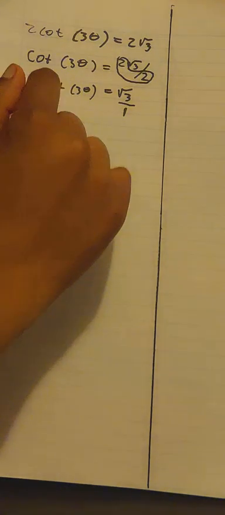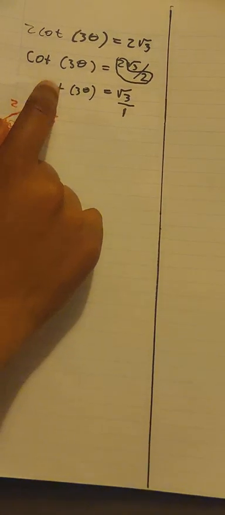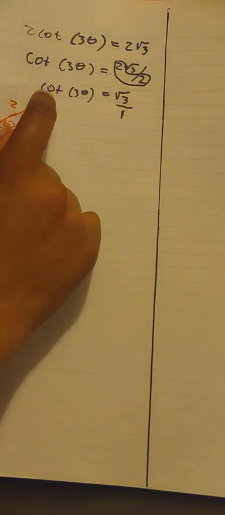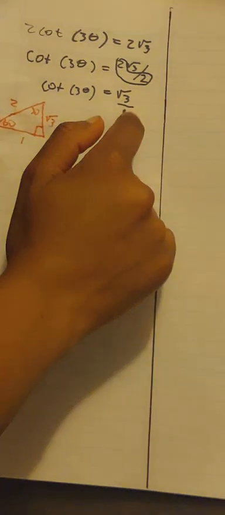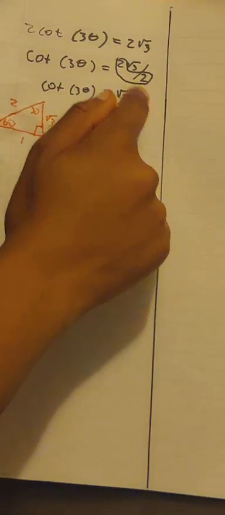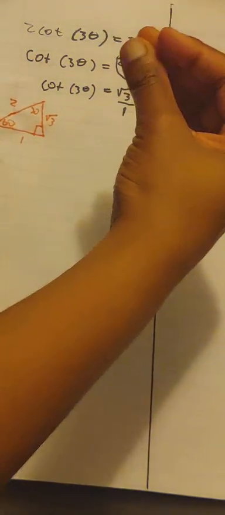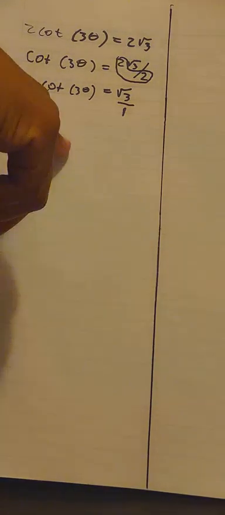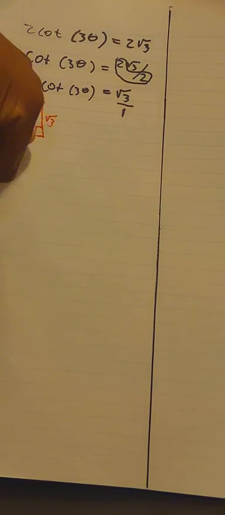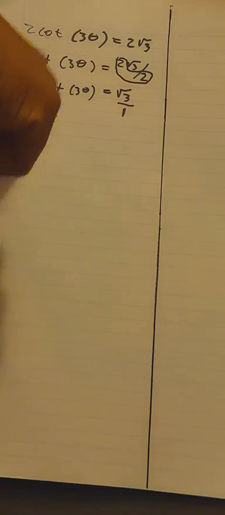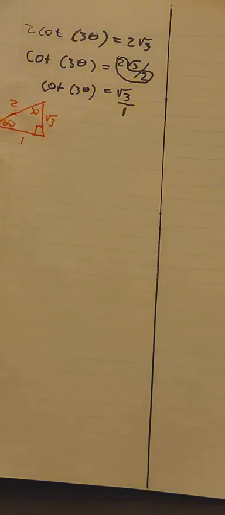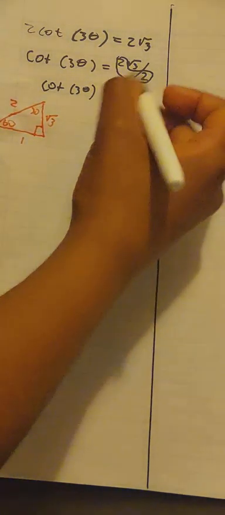So cot here is equal to this. What is this? Remember, cot is adjacent over opposite, root 3 over 1. See, adjacent root 3 over 1, that means cot is equal to 30 degrees, right?